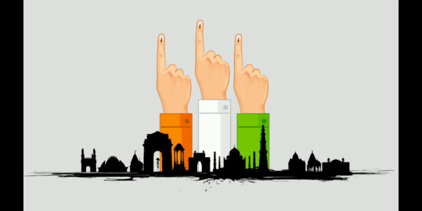In this context, it is important to remember that India granted the right to vote to all adults irrespective of gender, caste, or region as soon as it became independent in 1947.